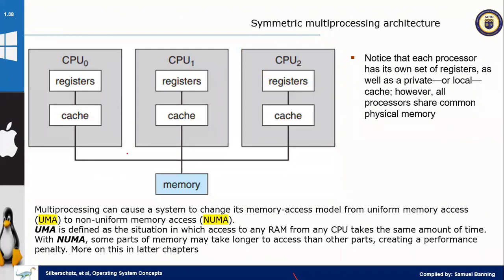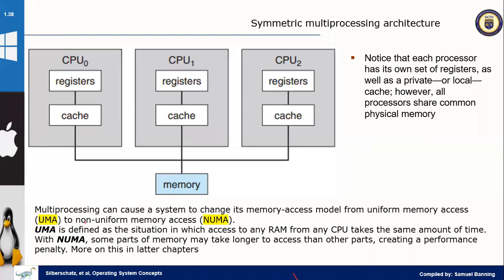Okay, so look at this diagram. It is very important to consider where to put the memory when it comes to multiprocessor architecture. Based on the location of the memory, we can call the arrangement the NUMA or the UMA.